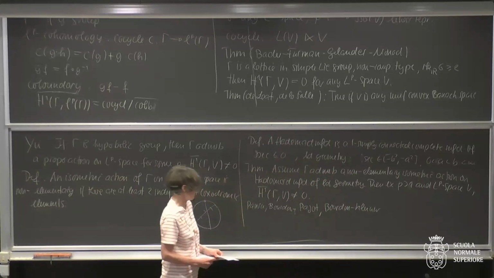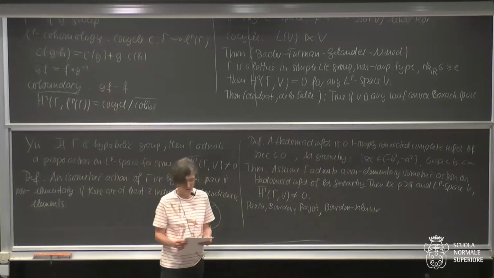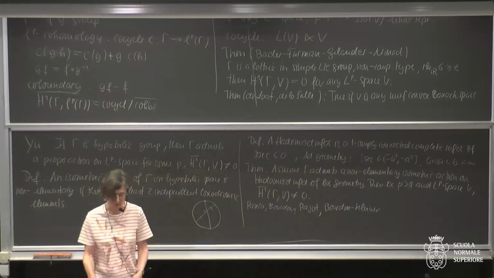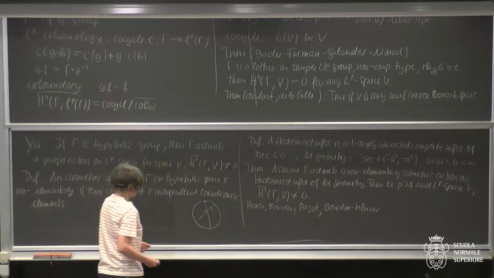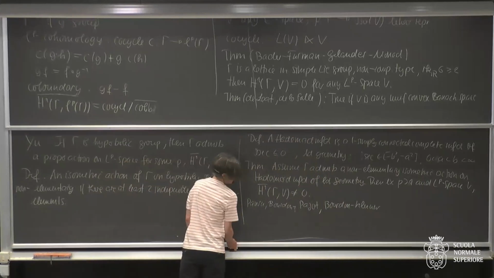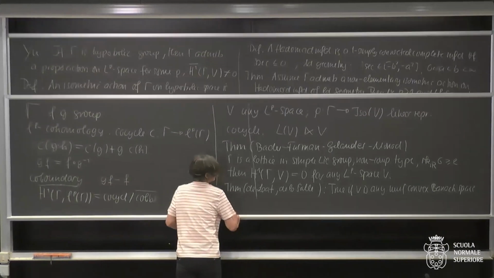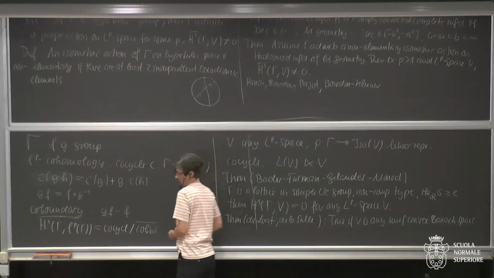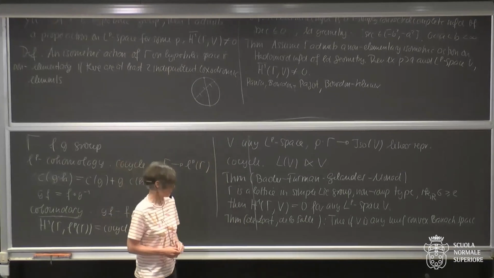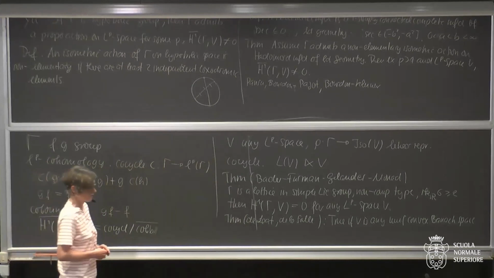So let me now try to explain to you what the relation is to metric analysis. This relation has been studied by Kleiner and Bonk, and also by many other people. So there is work by Bonk, Heinonen, and others.